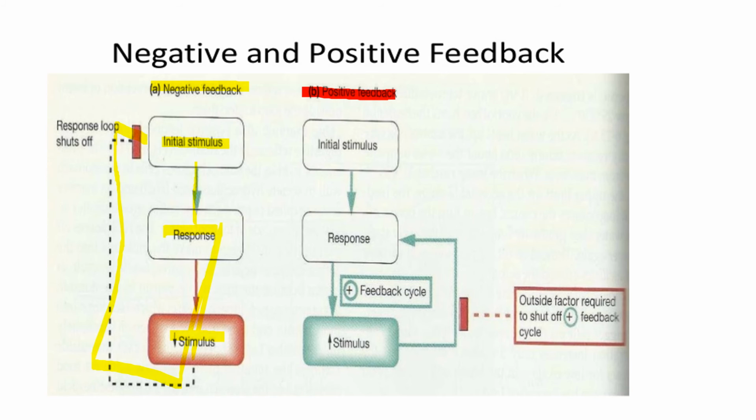For instance, an example of positive feedback would be blood clotting. The stimulus is some injury to a vessel or tissue, and that's going to recruit white blood cells to come in, along with platelets and proteins, to help begin the healing process.